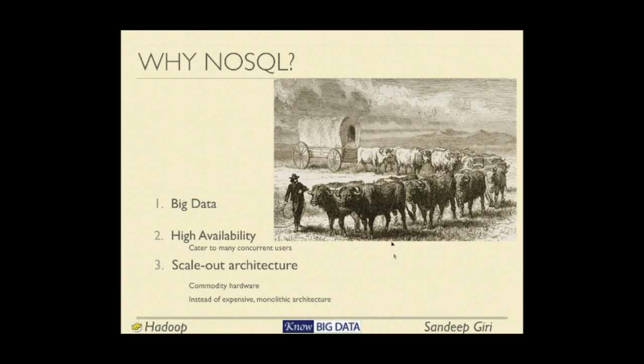So A stands for atomicity, C means consistency, while I is for isolation and D for durability. So that is a property of a transaction. So none of the NoSQL databases are able to provide ACID properties.